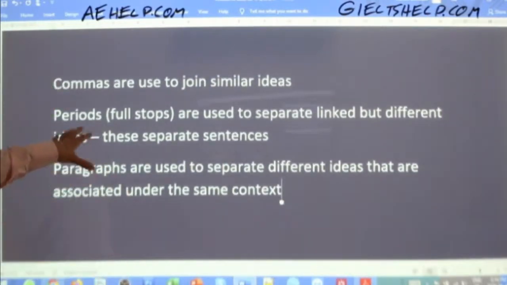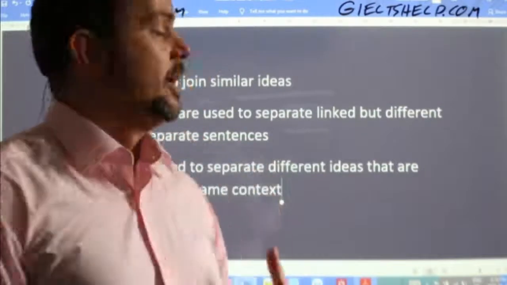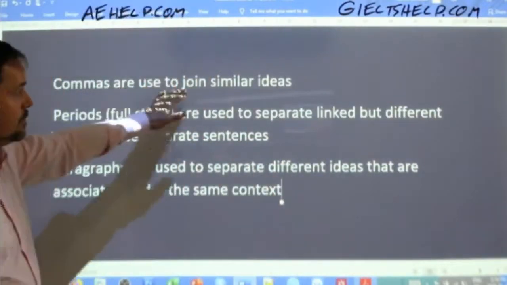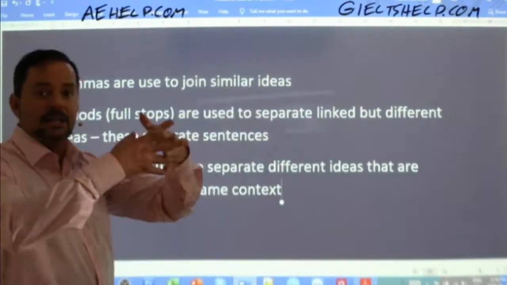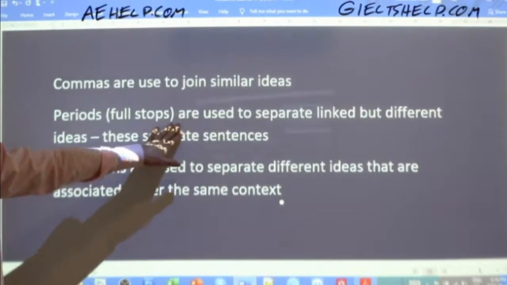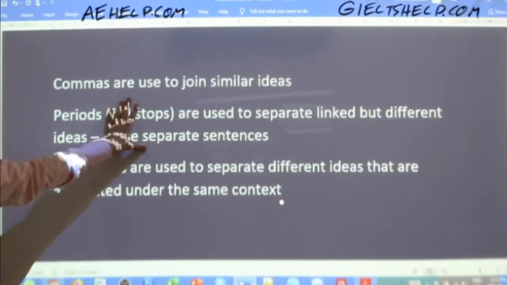Does that make sense, students? That's a really important point. I know it takes practice, and I make that sound like, oh, that's easy. Yeah, sure. But it does take practice. So commas are used to join similar ideas that are tightly connected. Periods separate sentences which contain ideas that are linked, but they're different from each other.